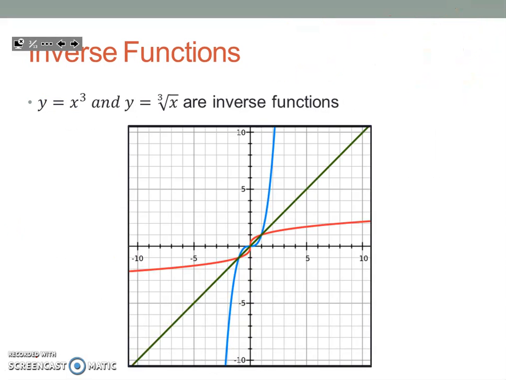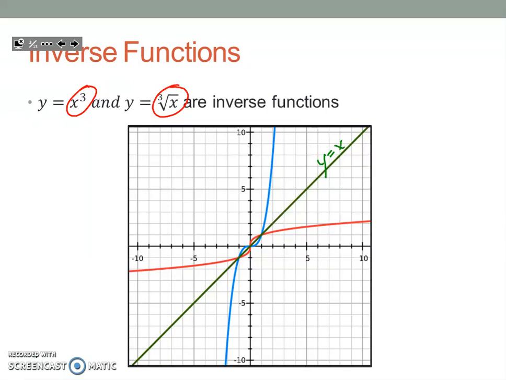All right. Now, what do inverse functions look like? Well, we know that if we cube a number, so I've got x cubed there, its inverse is going to be the cube root. And we know that just from solving equations. If you have a number cubed, you've got to do the cube root to get rid of that when we're solving equations, right? So what they're going to look like is, we've got our line in green here.